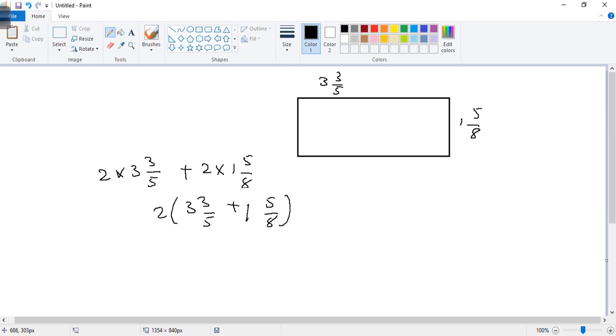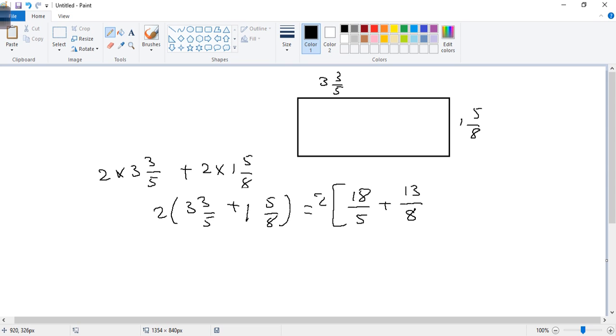We can work it like this. First of all, 3 times 5, 15, and 3, 18 over 5. Add 8 times 1, 8, plus 5 is 13 over 8.